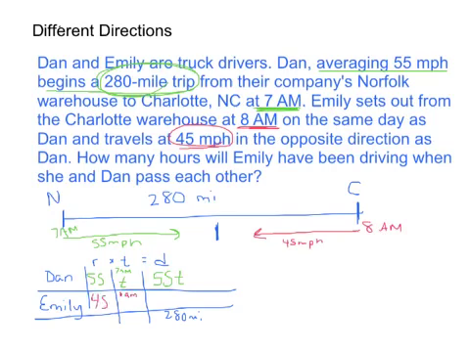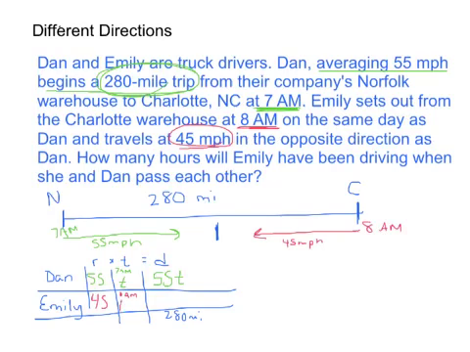Now, I really don't want to define a different variable, because it's really going to be difficult to write two different sets of equations in terms of time. But what I know is that when she leaves at 8 a.m., Dan's already been traveling an hour.